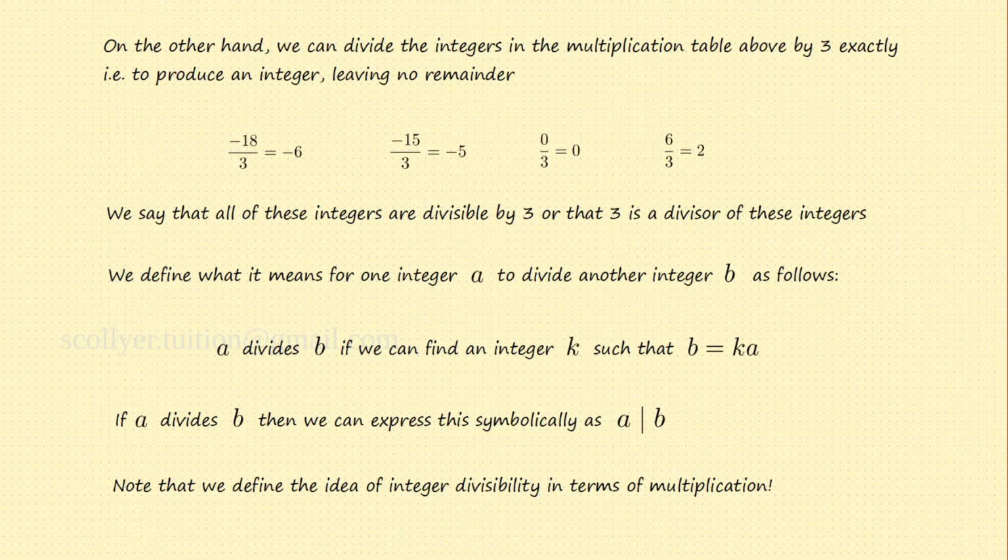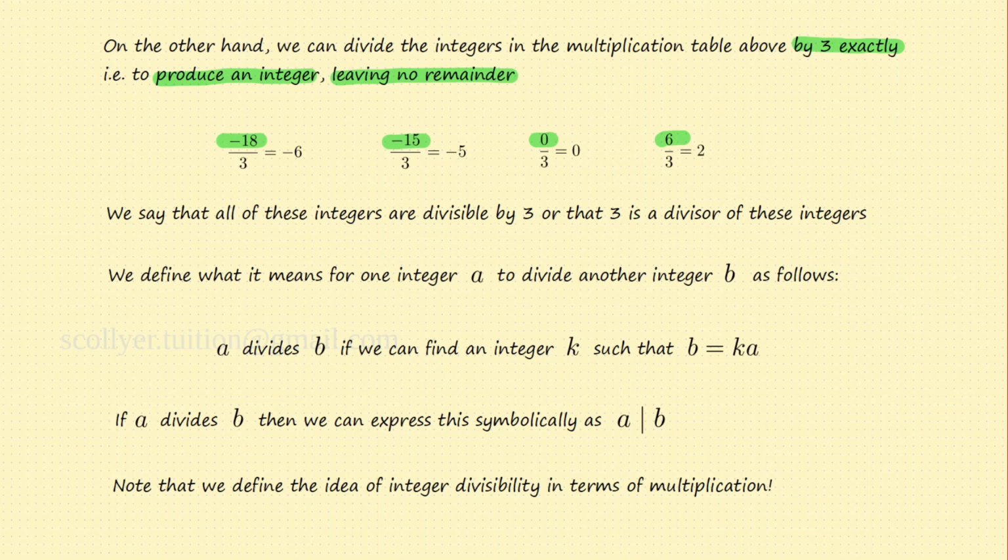We can also think about the table from the point of view of division. An integer is in the table if we can divide it by 3 exactly, i.e. if on division by 3 we produce an integer and we leave no remainder. So minus 18, minus 15, 0, and 6 are all in the table because they all divide by 3 exactly.